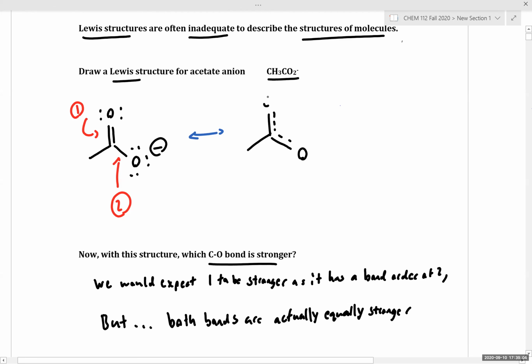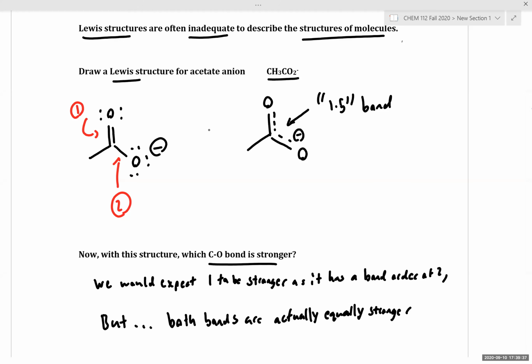So rather than having a single or double bond, we instead have a quote-unquote 1.5 bond. And we're going to really unpack in this chapter drawing resonance structures and looking at how the resonance structures impact the overall structure that we observe, which we call the resonance hybrid.